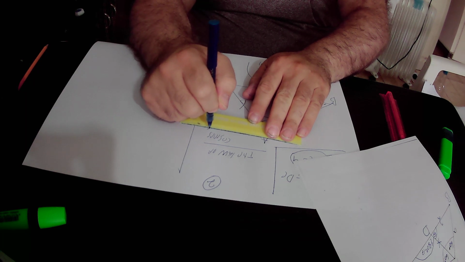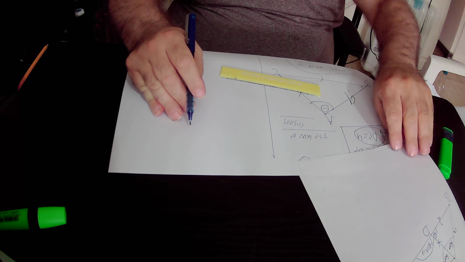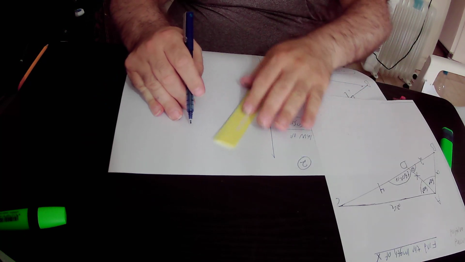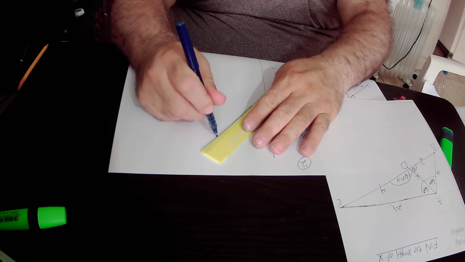We'll implement the law of cosines in triangle ABC. So I will copy triangle ABC in this page, and we will implement the law of cosines in this triangle ABC.